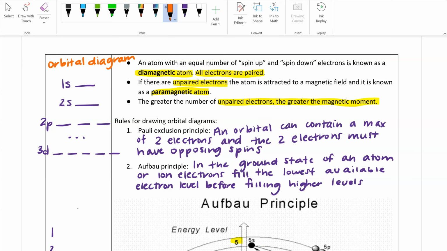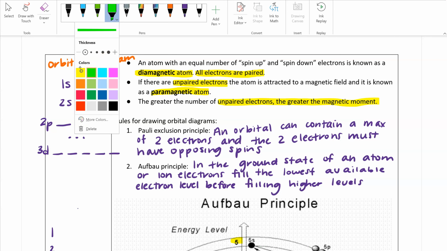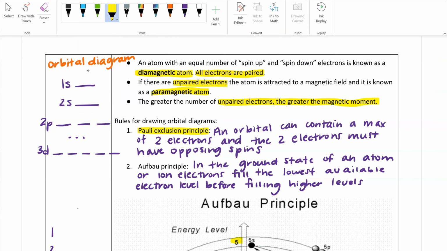So orbitals are exciting. What we learned in the Pauli exclusion principle is that an orbital can contain a maximum of 2 electrons.